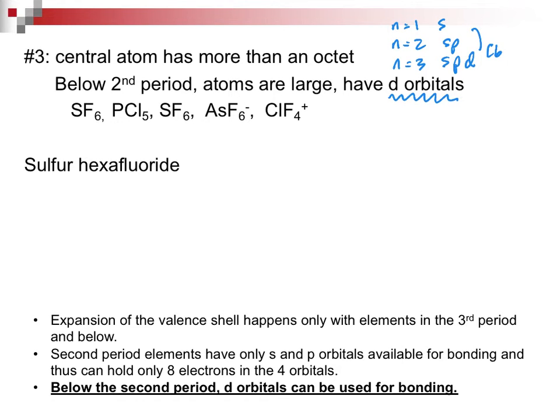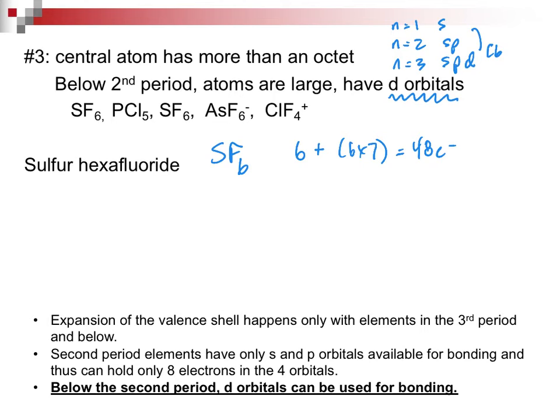Now let's show an example drawing Lewis structures. I have some molecules listed there, okay? Sulfur hexafluoride. Oh my gosh, that is going to have a massive number of electrons. 6 from sulfur, 6 times 7 will equal 48 electrons. Well, first of all, how am I going to draw it?